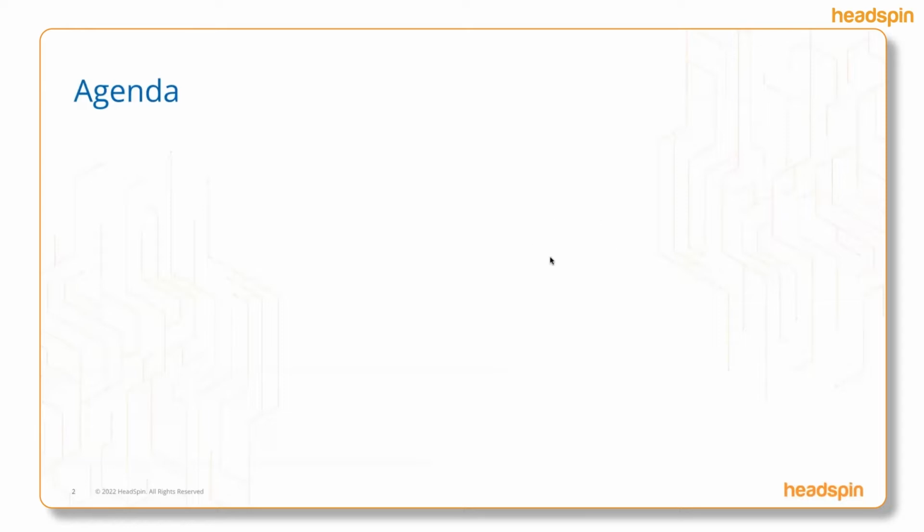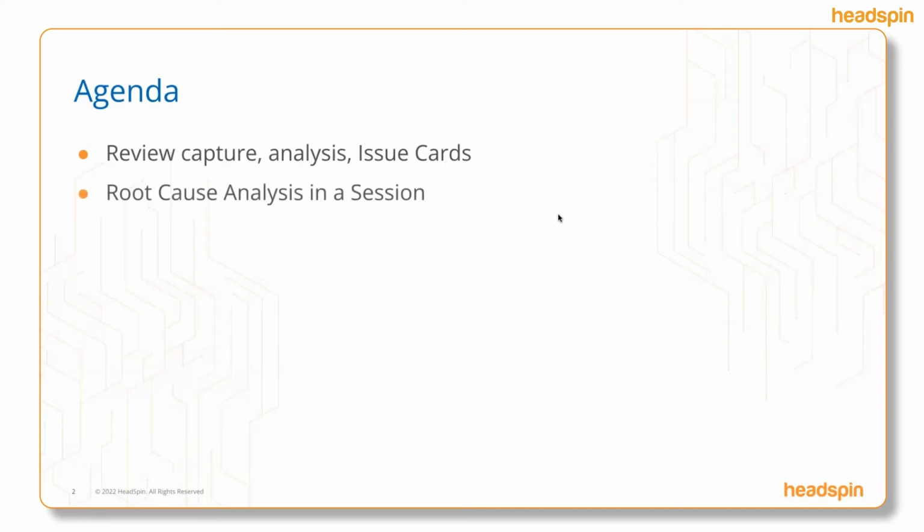So with regards to today, the agenda is to start by reviewing capture, the analysis and issue cards and how to create these. And then to begin discussing root cause analysis in the context of a HeadSpin session.